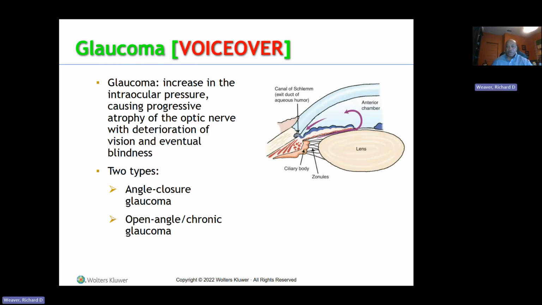Take a look at figure 53.3 for an example. I believe this is the example. Now, just to give you an idea about aqueous humor, it is essential for maintaining eye pressure, providing nutrients to the eye tissues, and facilitating proper light focusing.